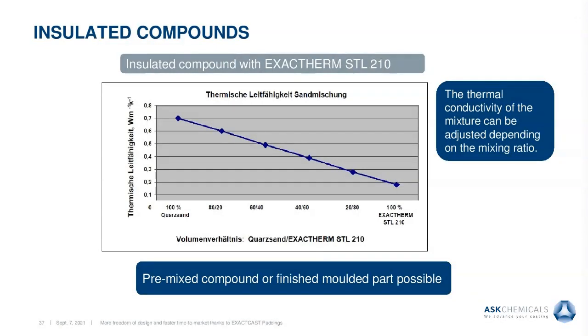But there are a few limits, especially when you shoot this on a core shooter. You need a little bit of sand to keep flowability in the system, so that this very light mix goes into your core box and fills it the way you want.